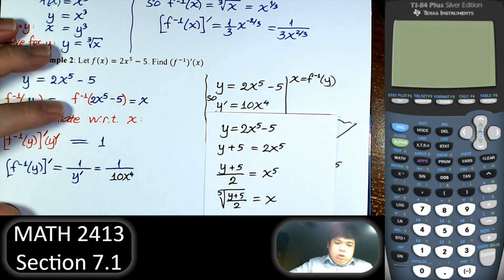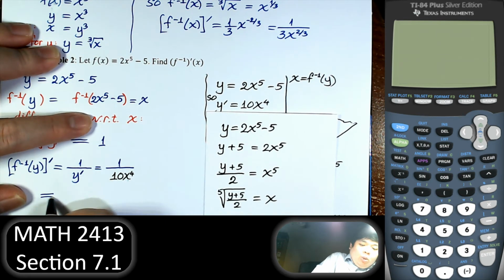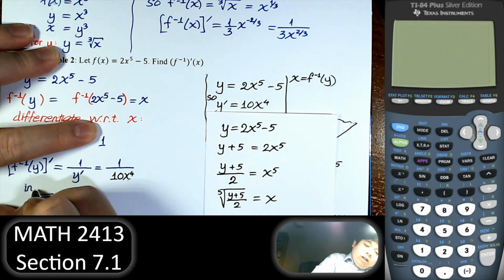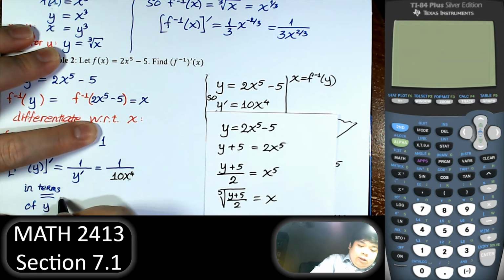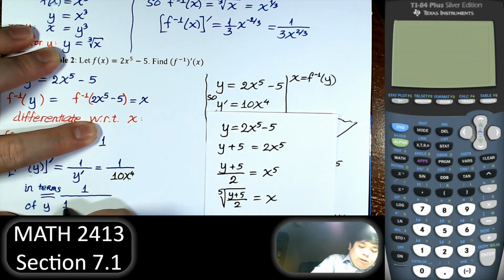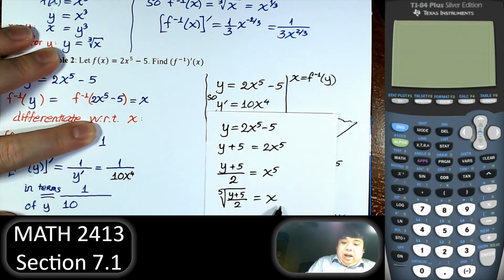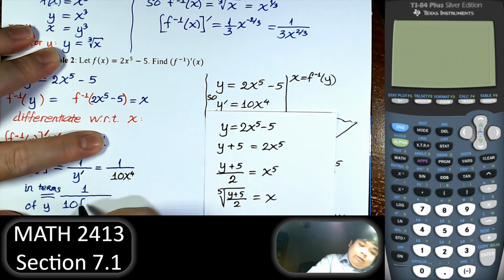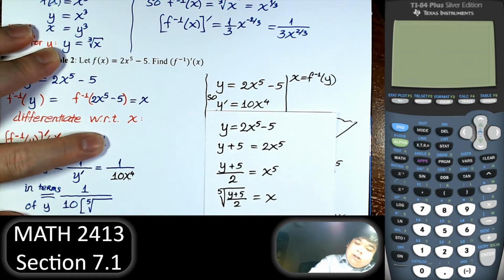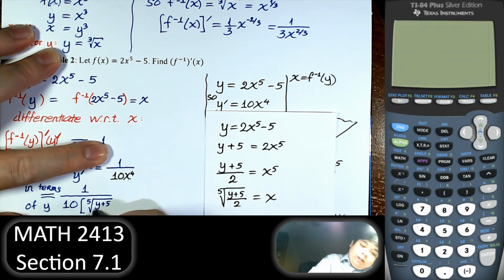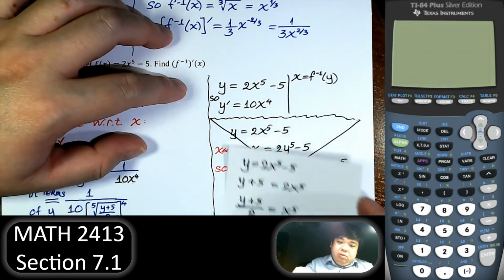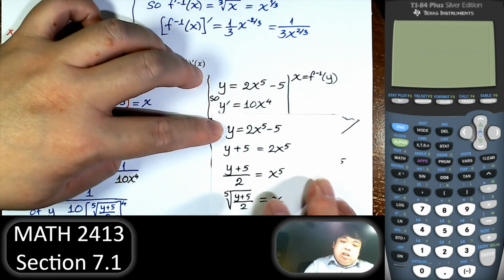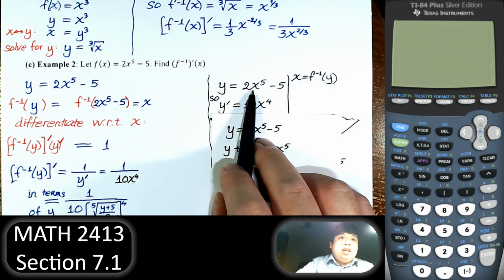It is important that when we write this, the answer should be in terms of y. So we have x equal to the fifth root of (y plus 5) divided by 2, to the fourth power. So don't do the inverse. Don't interchange x and y. Just go ahead and solve for x because we need x in terms of y.